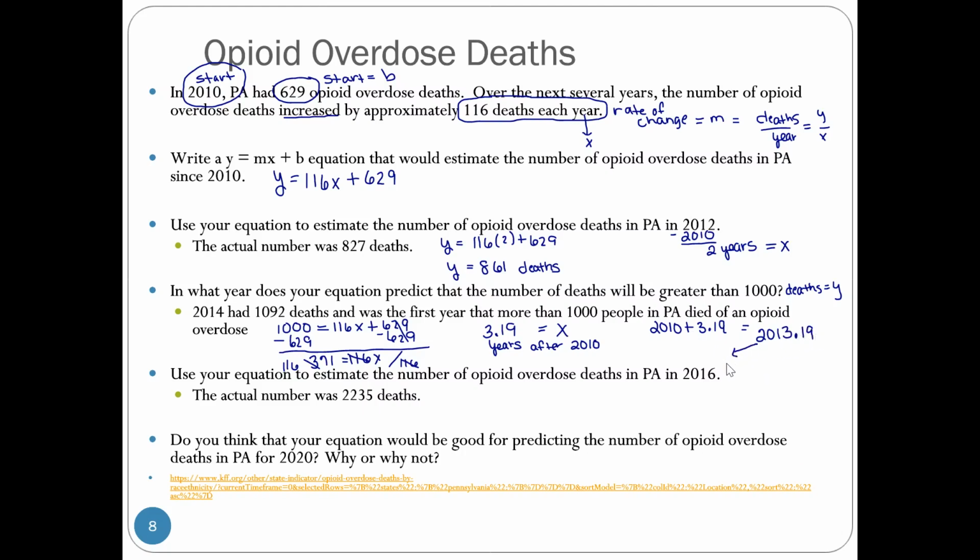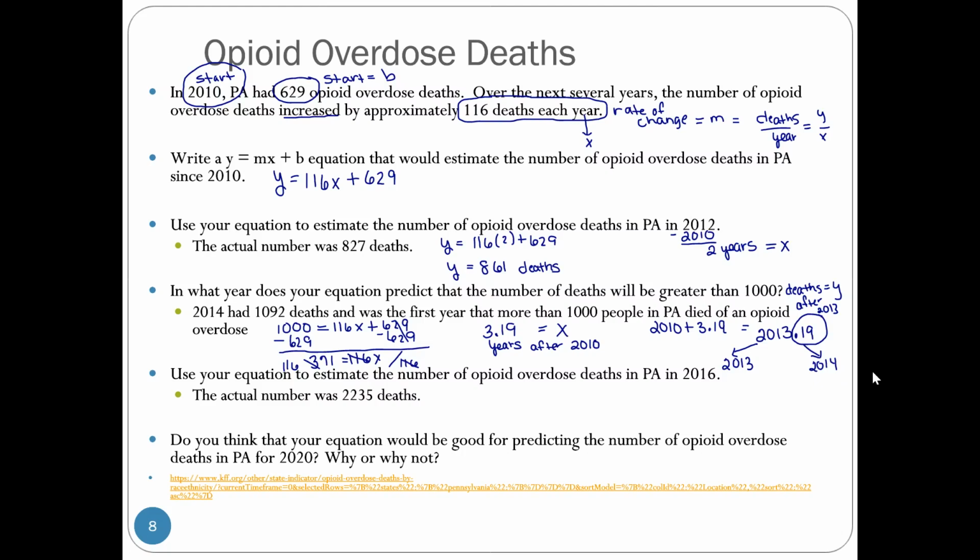Well, the nearest year would be 2013. But because we have this decimal here, we can also understand this as after 2013, because in 2013 it didn't exactly happen. And so because we could interpret that as after 2013, we could also answer this in 2014.